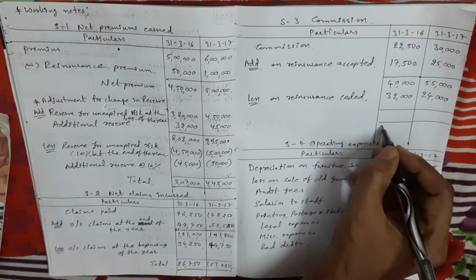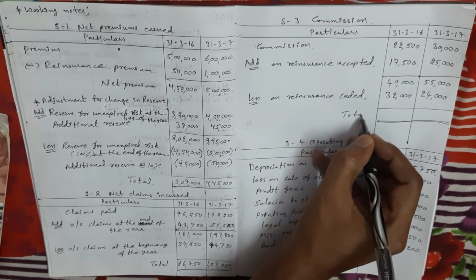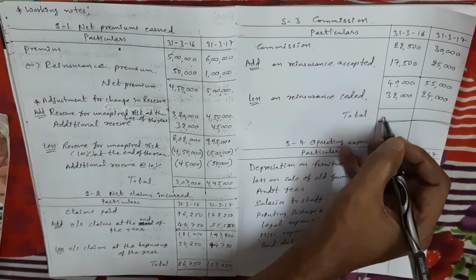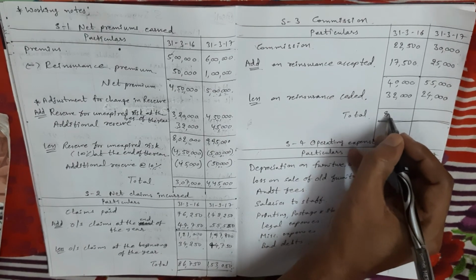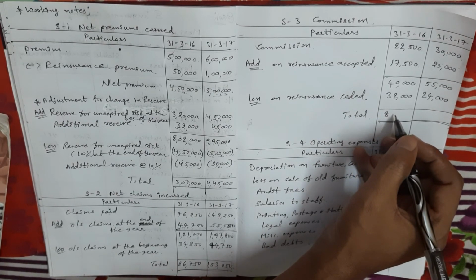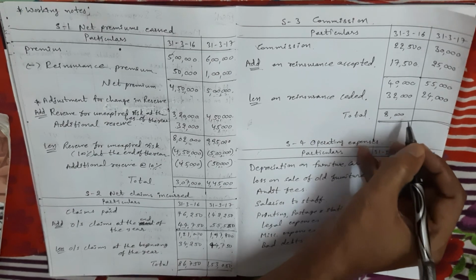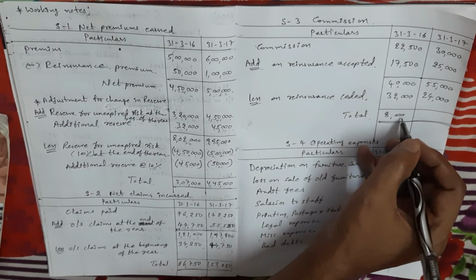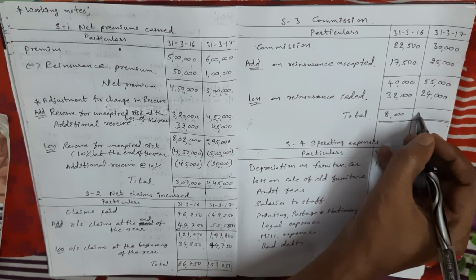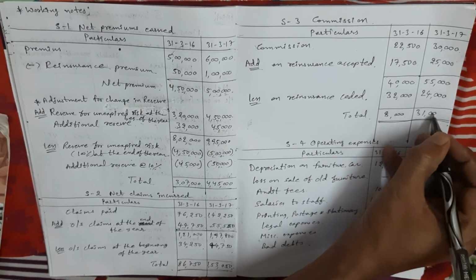Now close the schedule. Total last year amount is 8,000, sorry, not 86, 8,000 only. Next, present year 31,000.